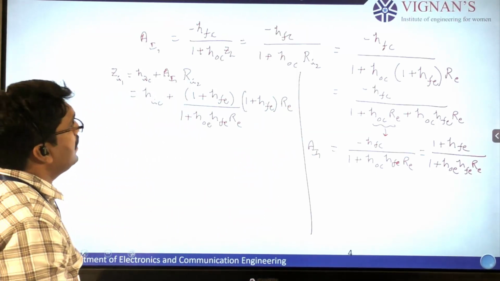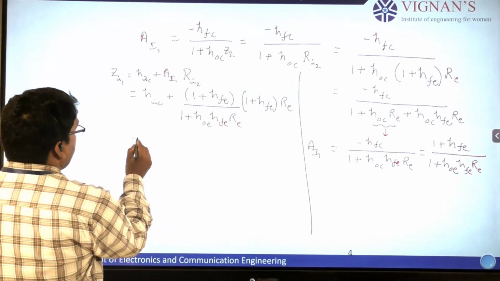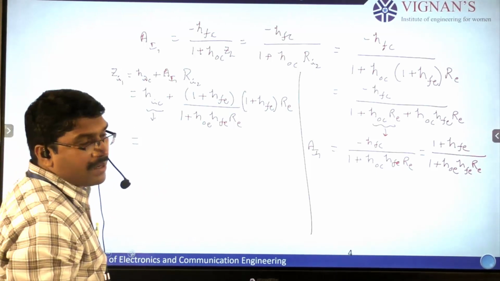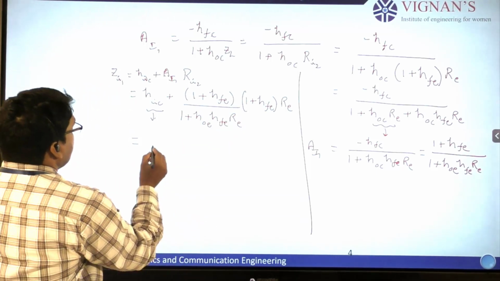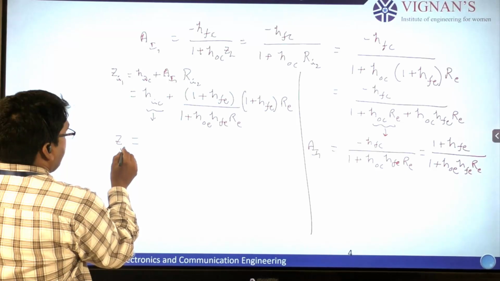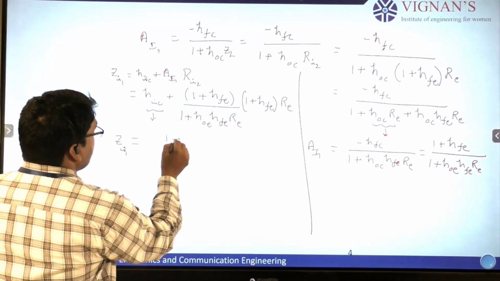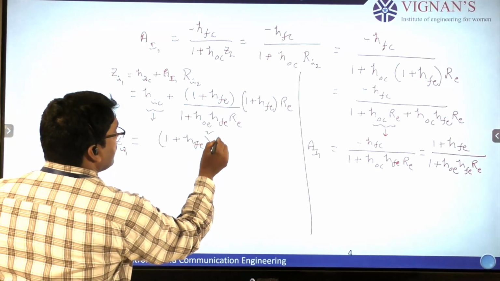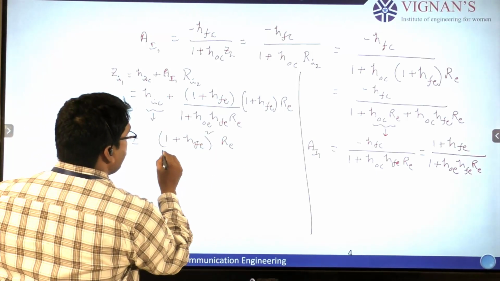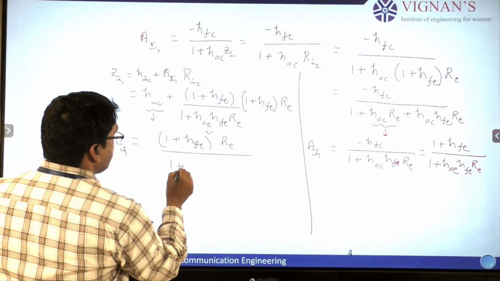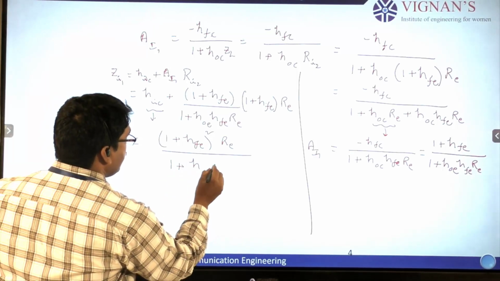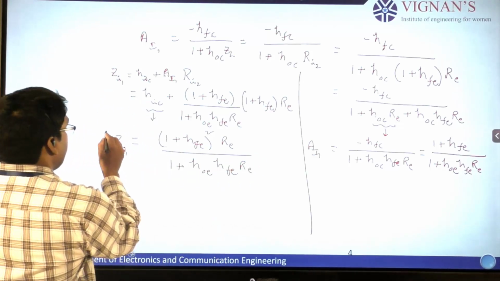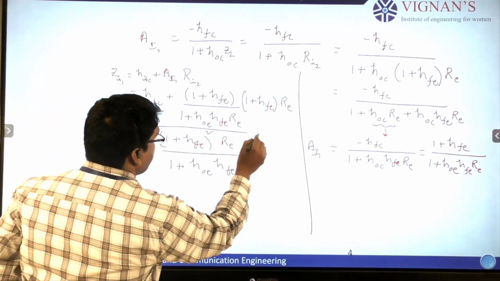Here also the hic term is negligible compared to this term. So the input impedance of the Darlington pair is 1 plus hfe squared multiplied by Re by 1 plus h0e hfe Re. This is the input impedance of the Darlington pair.